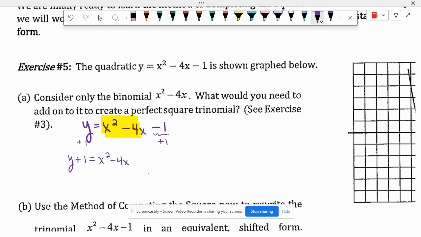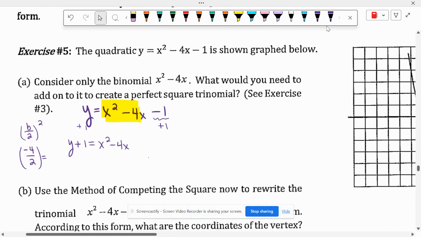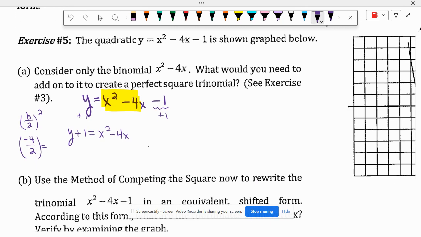Now, b divided by 2, the quantity squared, tells me that if I want to write this as a perfect square, I have -4 divided by 2, which is what? What is -4 divided by 2? It's -2. So I can write this as y plus 1 equals x minus 2, the quantity squared.